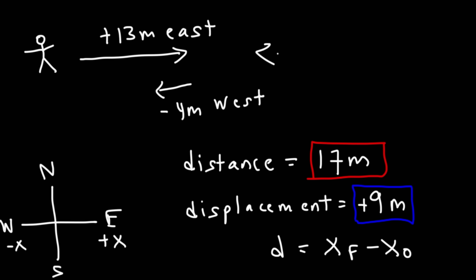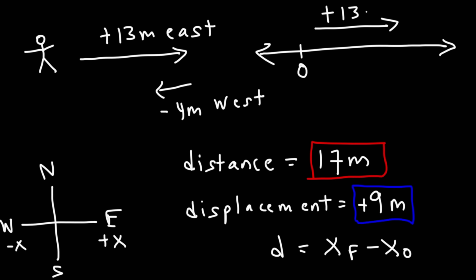And so let's illustrate this with a number line. Let's say that he started at the origin, position 0. He traveled 13 meters east. Because he's moving along the positive x-axis, we assign a positive value here. And then during the second part of his trip, he traveled 4 meters west.